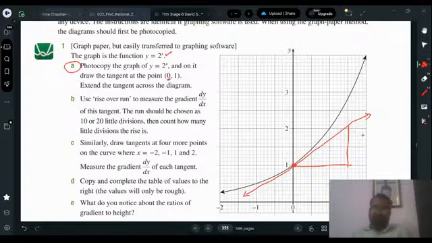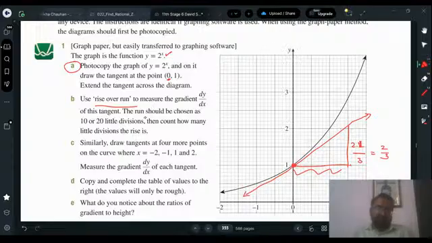Rise over run. So rise means it is 2.1 only, and this is 3 units. 2.1 by 3 is roughly 2 by 3. Roughly, you can take 2 by 3 as your slope.